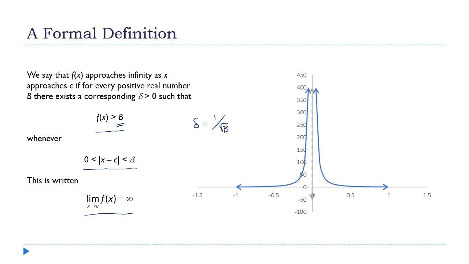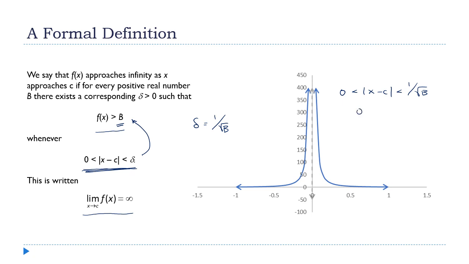All right, then what I have to show is that whenever this is true, this is true. Okay, so let's see. I'm saying 0 is less than the absolute value of x minus c is less than 1 over the square root of b. And well, c is 0.